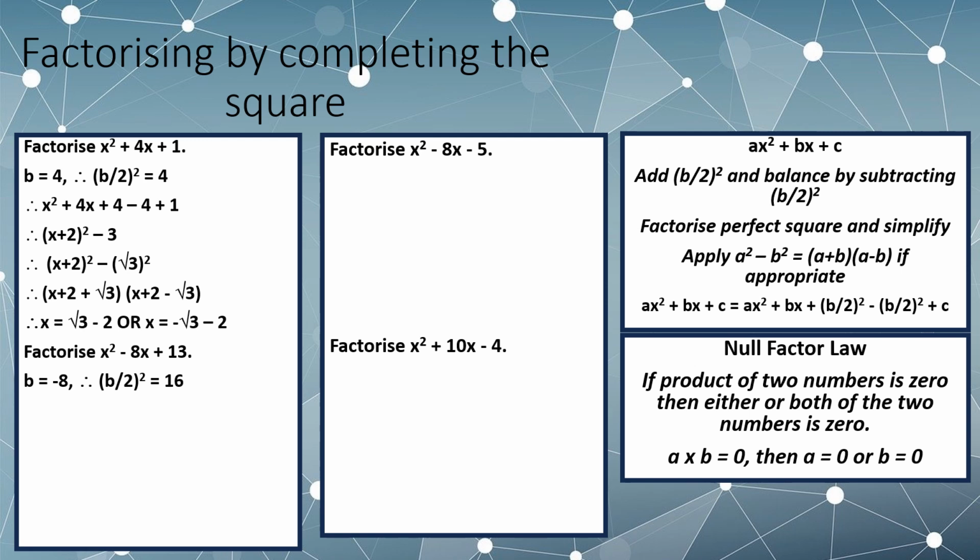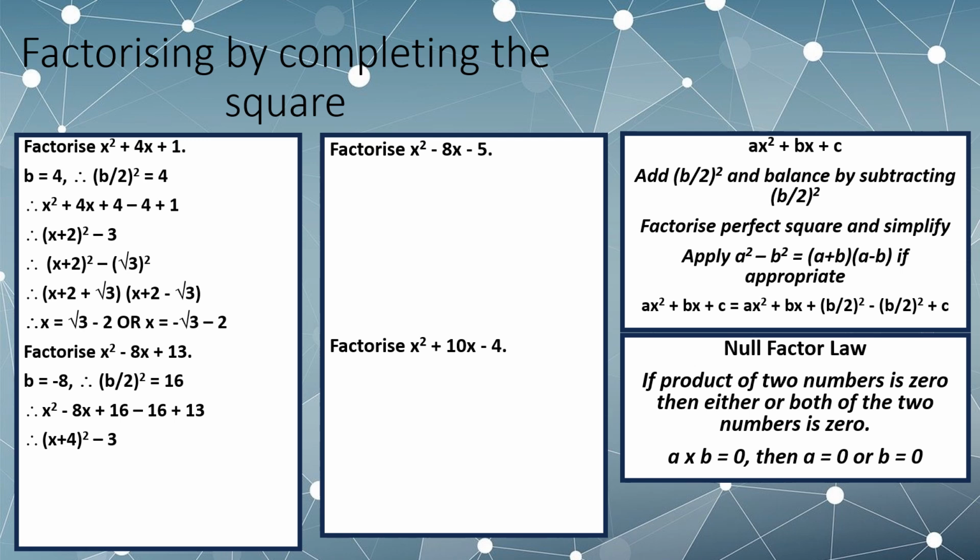Placing those back into our equation, we have x squared subtract 8x plus 16, subtract 16 to make sure we're balancing it out, plus 13. So we can see the first 3 terms form a perfect square. So we'll have (x minus 4) squared, subtract 3.